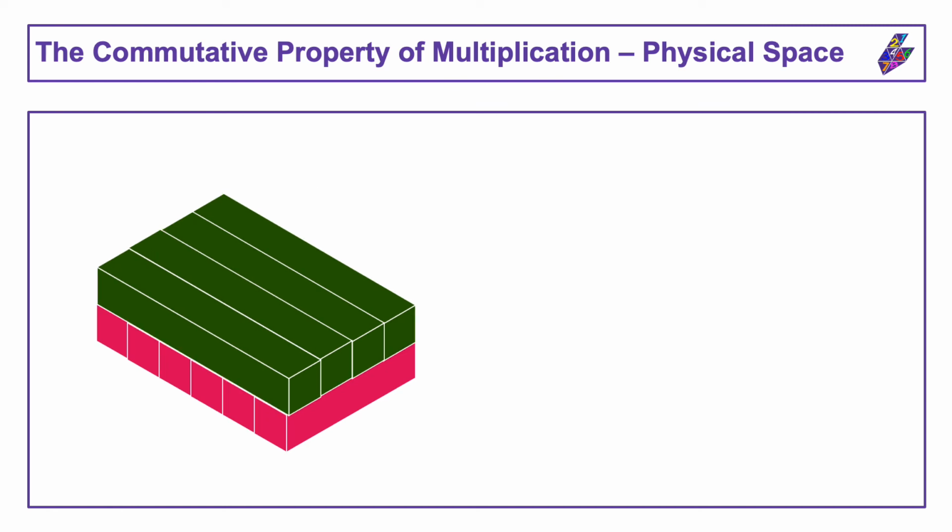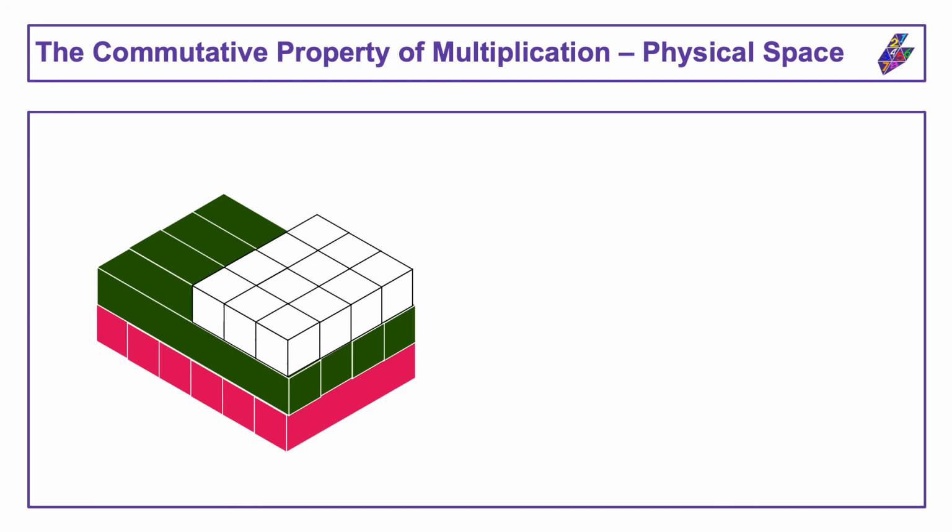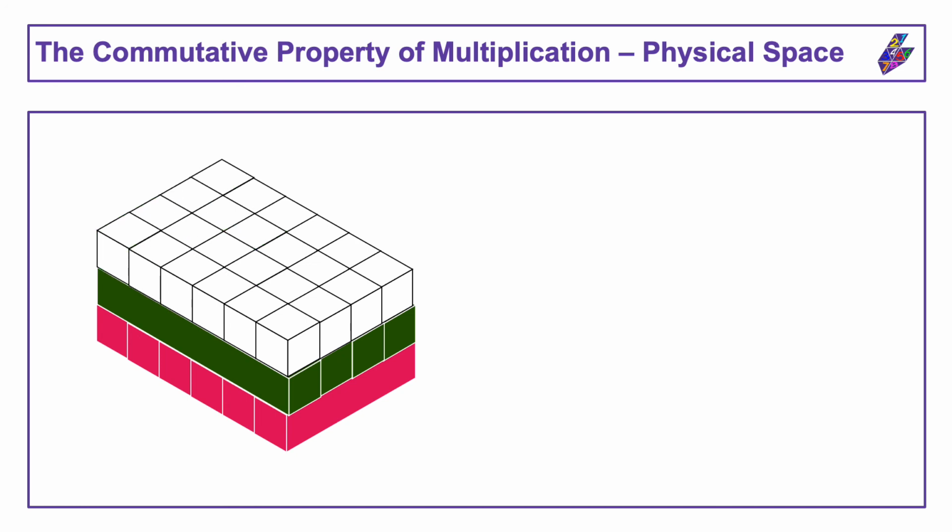So what is 6 times 4, or 4 times 6? You might have worked this out already, but if you haven't, pause the video and try to figure it out. We'll bring the white rods back in to help us, and we'll count in 4s, although there are many other more efficient ways to work this out. 4, 8, 12, 16, 20, 24.